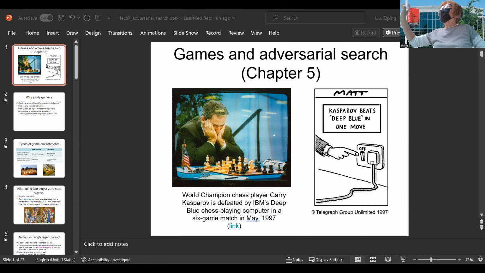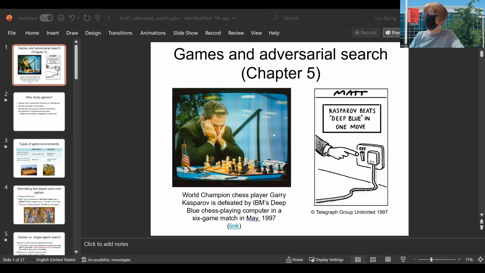And in our previous discussion of single agent search, what is important to us is that you find the optimal solution, the least cost one. And here, what is critical is efficiency.